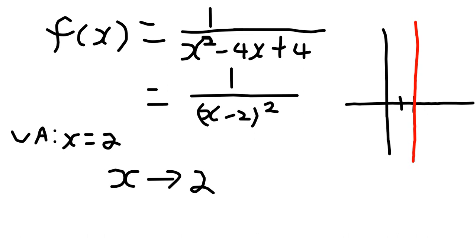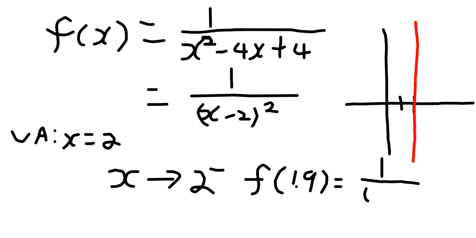Let's say we're approaching 2 from the left. So we've got a number like 1.9. F at 1.9 is going to be 1 divided by 1.9 minus 2, and that's being squared. So that's going to be negative 0.1 squared, which is 0.01, so this whole thing is going to be equal to 100.